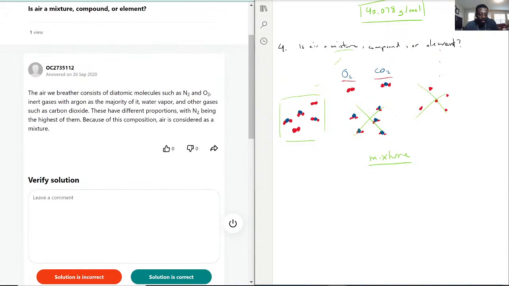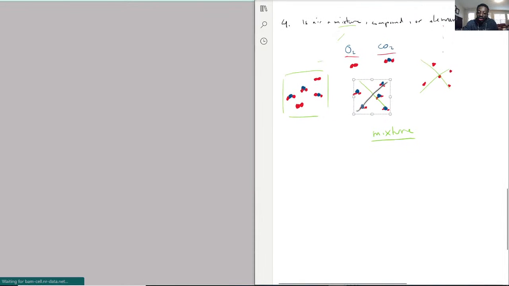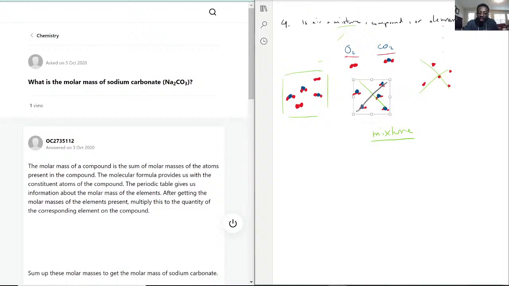The air we breathe has nitrogen and O2, inert gases, water vapor, and other gases, carbon dioxide. So there's a lot of stuff in the air, as it even says there. And just by knowing there's at least one different thing, we know that air is a mixture. Because if I were to try to break down every single thing that is in the air, we might be here for a while. So just understanding that there's at least one does help quite a bit.